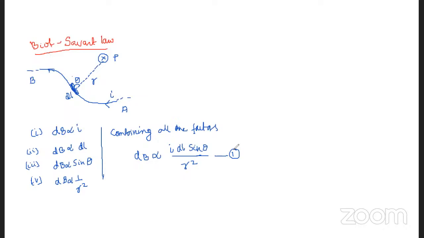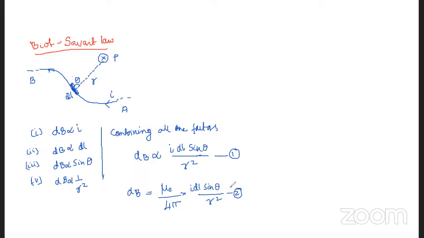Now, when the conductor is placed in a vacuum or air, this becomes dB equals mu naught by 4 pi into I dl sine theta by r square. So when the conductor is placed in a vacuum or air, we get dB equals mu naught by 4 pi times I dl sine theta by r square.